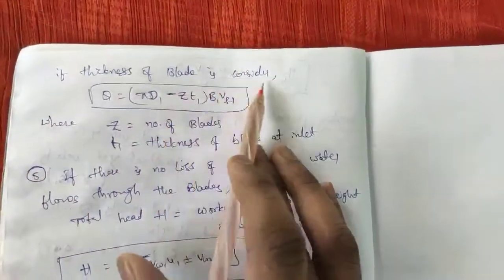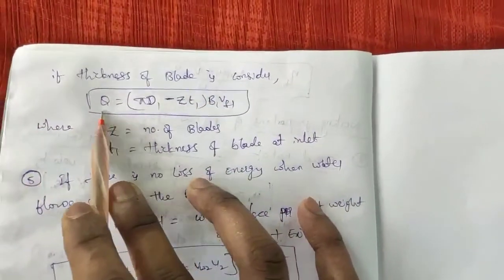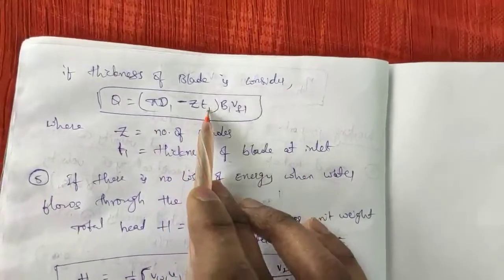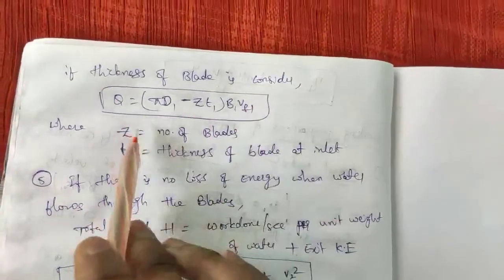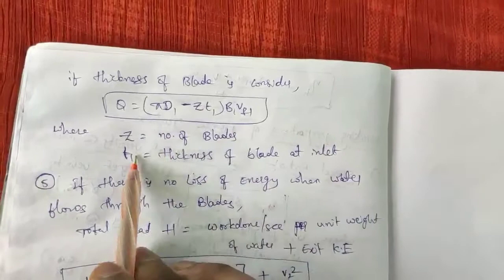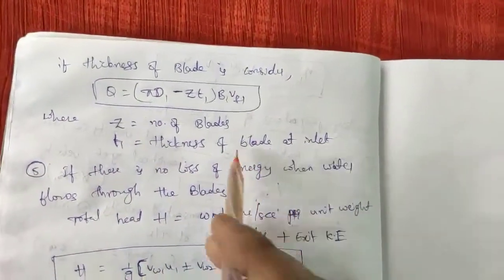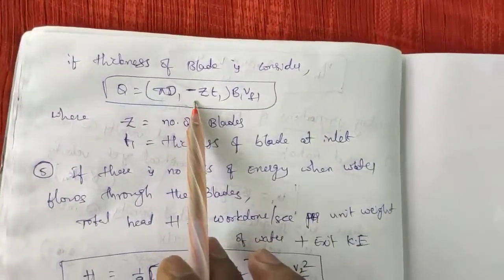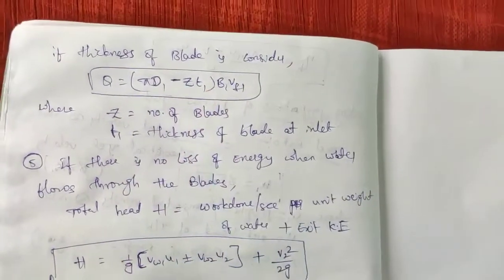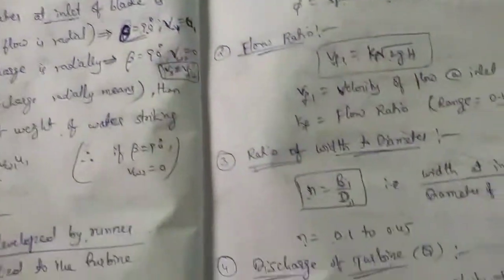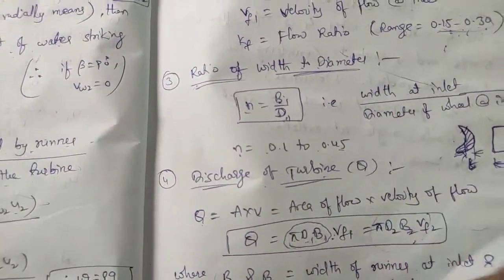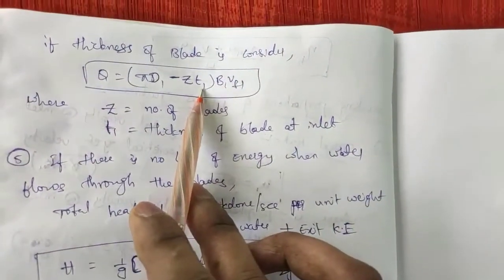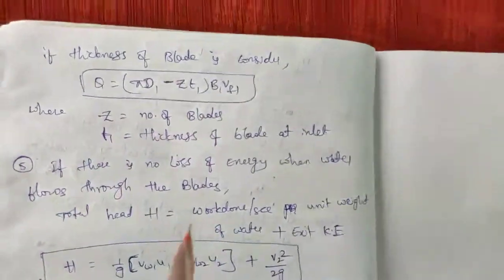If thickness of blade is considered, the discharge formula is Q equal to (pi d1 minus z t1) b1 VF1, where z is the number of blades and t is the thickness of blade at inlet. This is the formula. In the problem if there is no t value given, we take the earlier formula. If the problem mentions a t value, then we consider this formula.